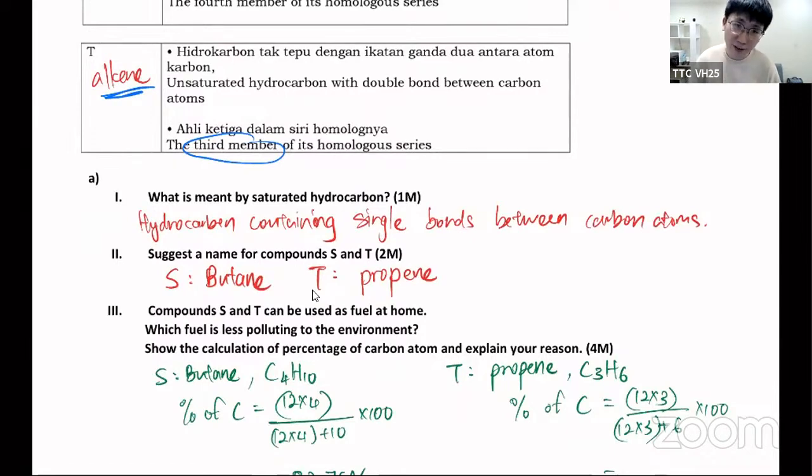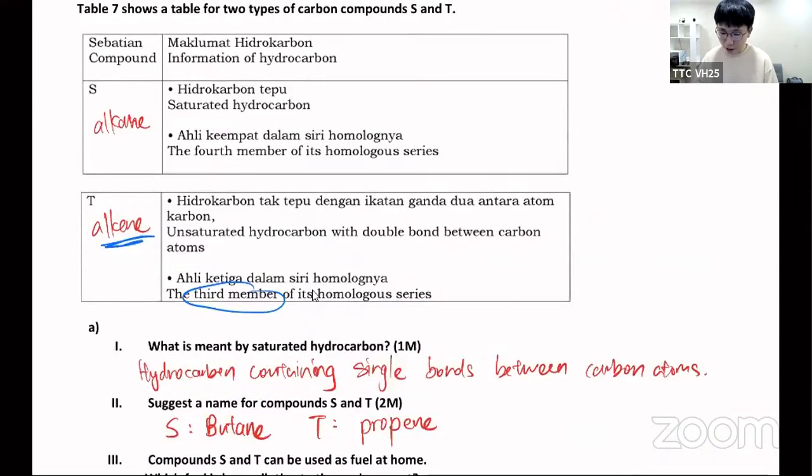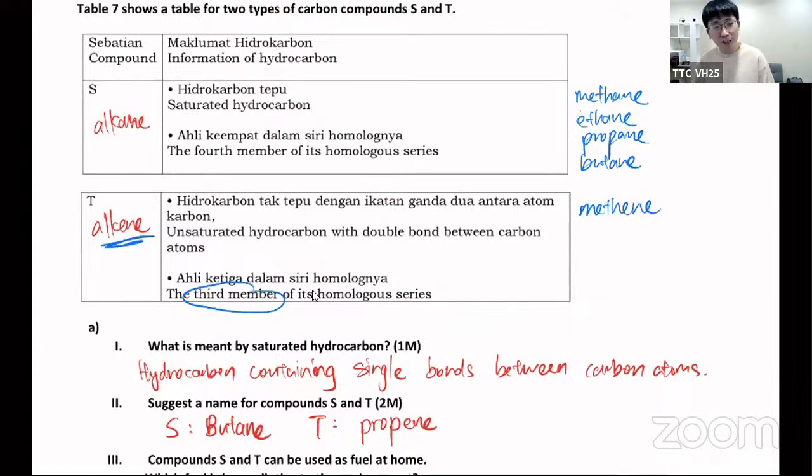Just now we said alkane is methane, then ethane, propane, and then butane. Correct. But do alkenes have one carbon? No. So the first member is supposed to be ethene, then propene, then only butene. So that's why, guys, this one is the fourth member, then this is the third member.